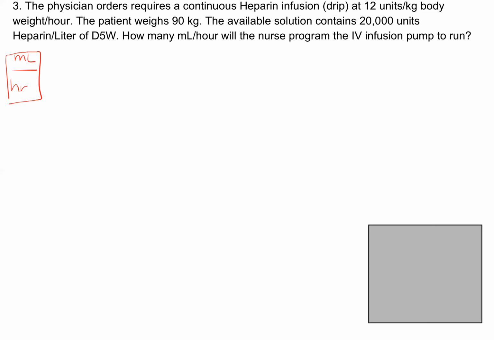And let's break down the question a little bit more. So the units that we want to end up are mLs per hour. What the physician ordered is 12 units per kilogram per 1 hour. What we have available is the patient's weight at 90 kilograms.